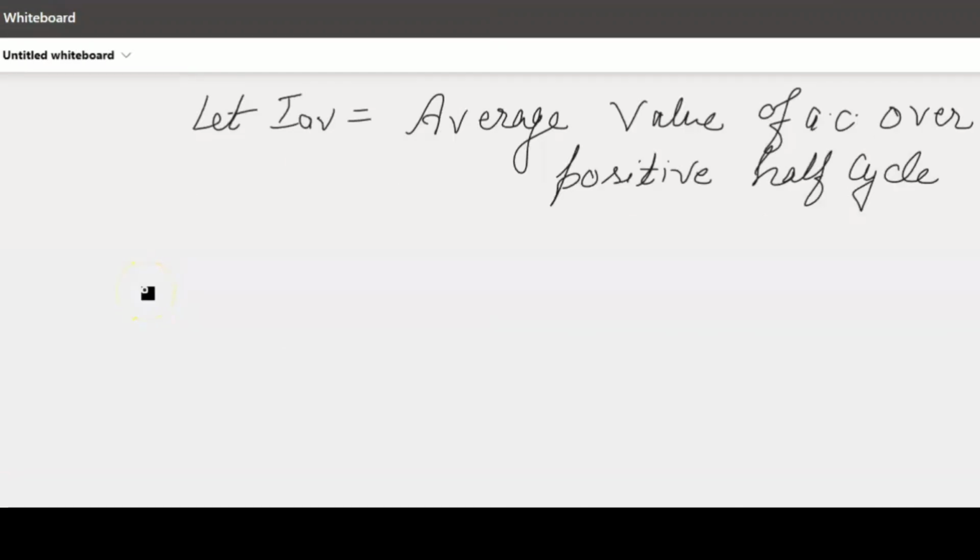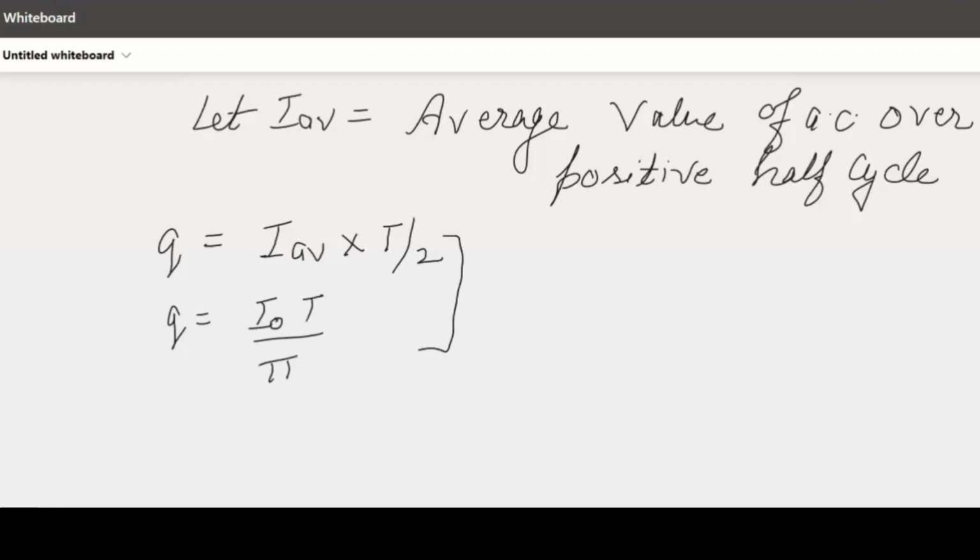Let I_AV be the average value of AC over the positive half cycle. Then the charge sent by it in the time T by 2 is given by the formula I_AV multiplied by the time T by 2, that is for the half cycle. We got one equation previously, that is Q is equal to I naught T divided by pi.